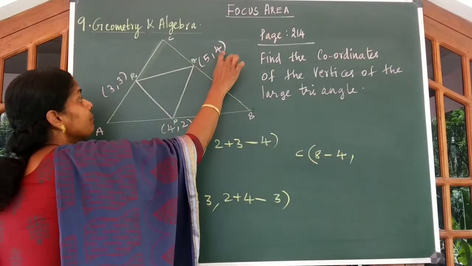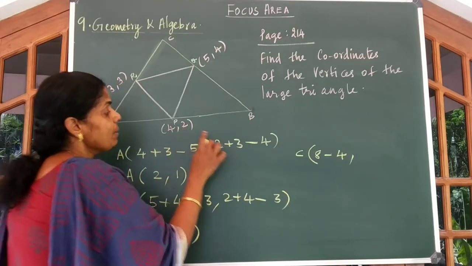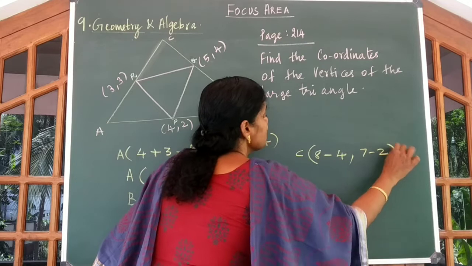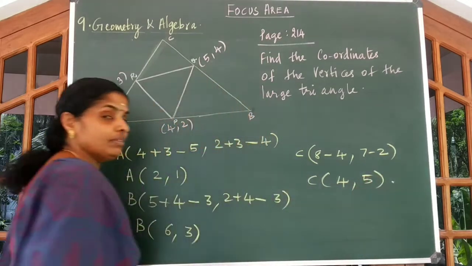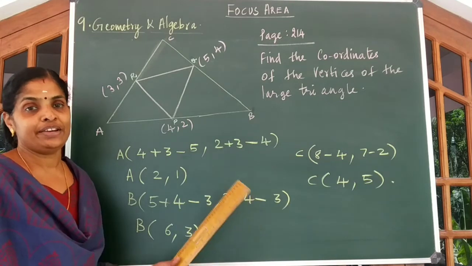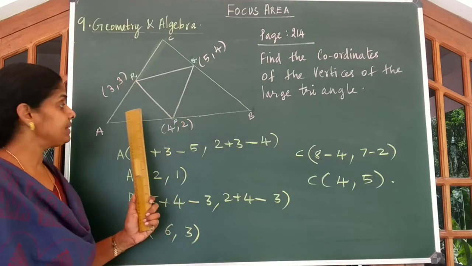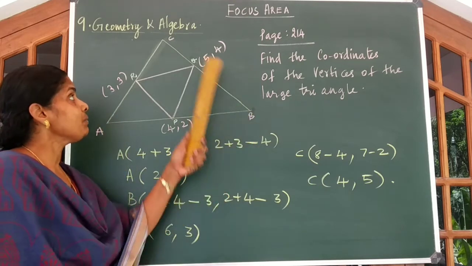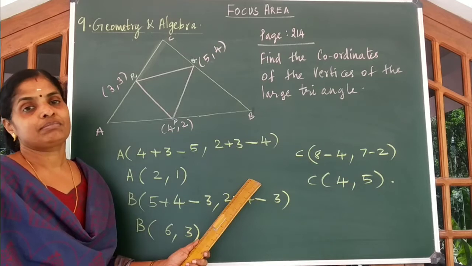Similarly, 4 plus 3, 7, 7 minus 2. So the coordinates of C are (4, 5). Is it clear to you, children? So if the midpoints are given, we can find out the remaining three vertices using the idea of parallelogram.